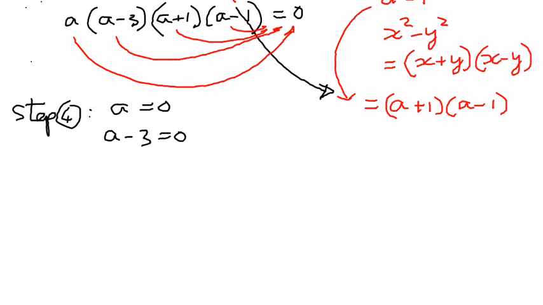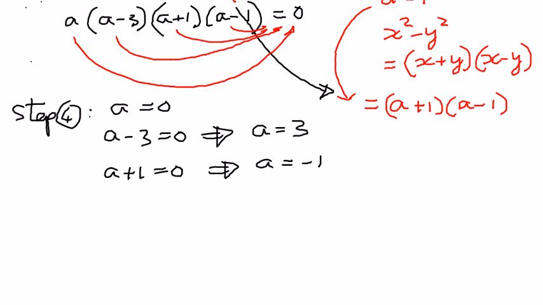From here we can find the value of a as equal to positive 3, because if we add positive 3 to both sides of the equation, positive 3 and negative 3 cancel out on the left hand side, leaving a equals 3. The third part is a plus 1 equals 0. If we subtract 1 on both sides of the equation, the positive 1 and negative 1 cancel out on the left hand side, leaving a equals negative 1.